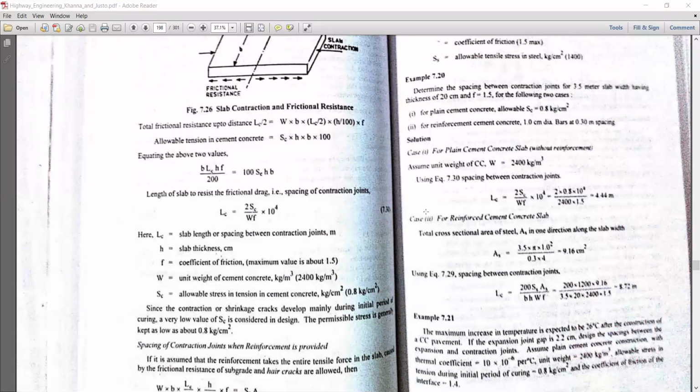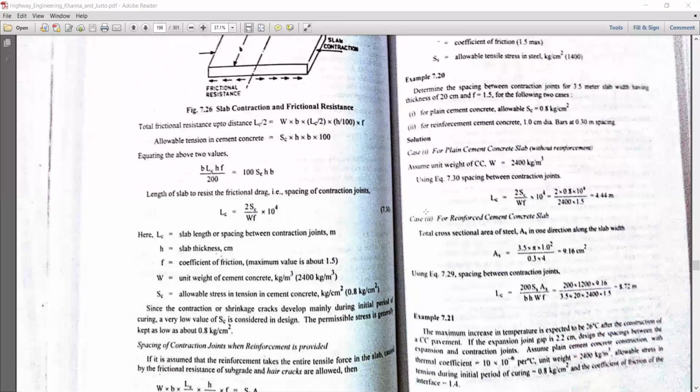The concrete slab has 3.5 meter width, and in that width, the spacing provided for reinforcement is 0.3 meter. Hence, the cross-sectional area of steel is pi d square by 4 into 3.5 divided by spacing 0.3. The d value is 1 centimeter diameter. You will get 9.16 centimeter square. That is the cross-sectional area of steel.